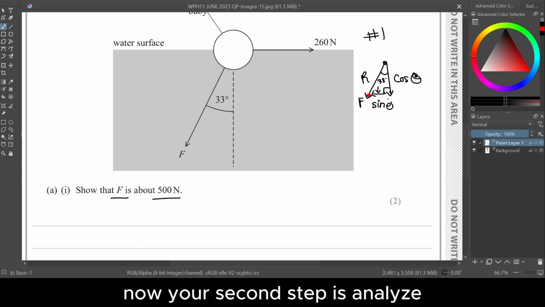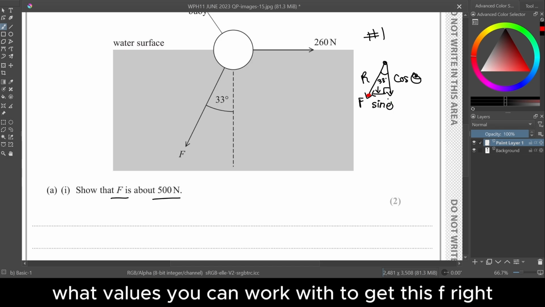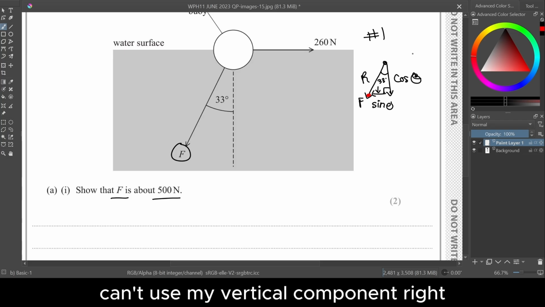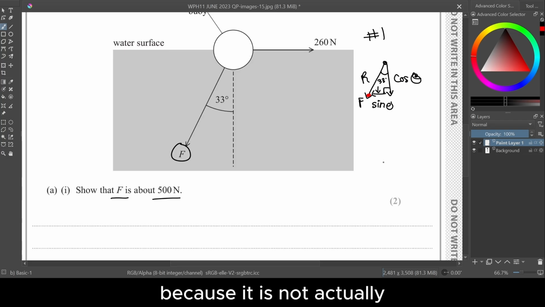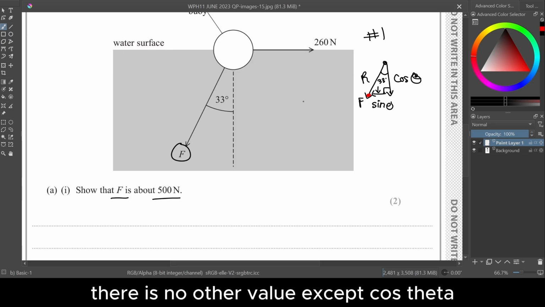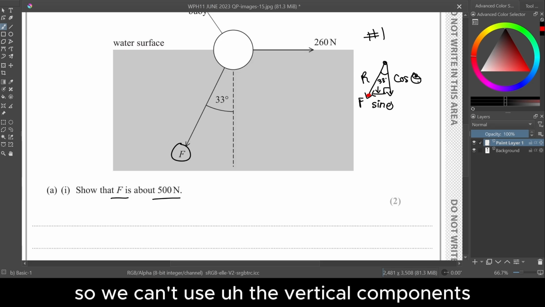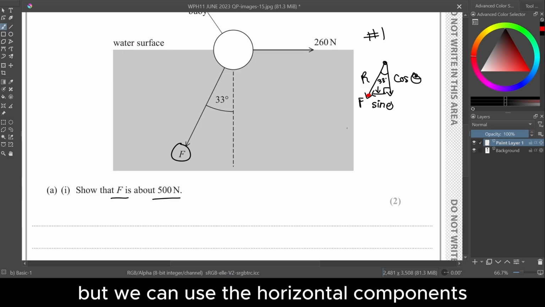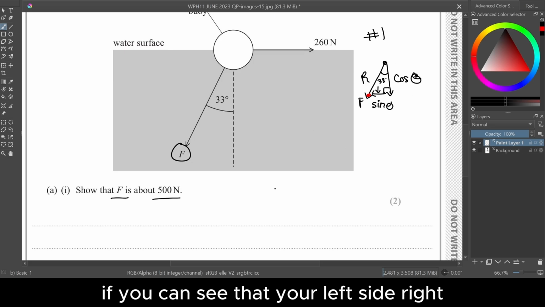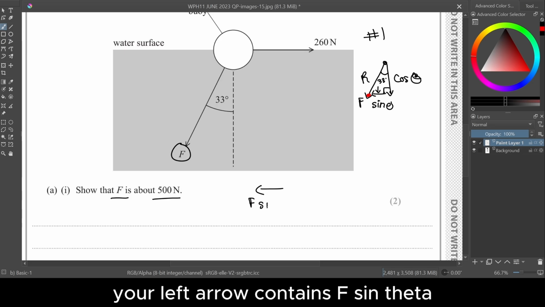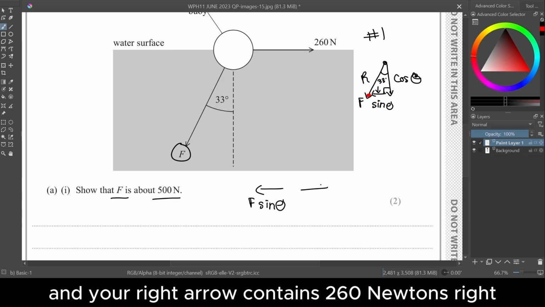Now your second step is to analyze what values you can work with to get this F. I can see that I can't use my vertical component, because there's no other value except cos theta. So we can't use the vertical components, but we can use the horizontal components. Your left arrow contains F sine theta and your right arrow contains 260 newtons.